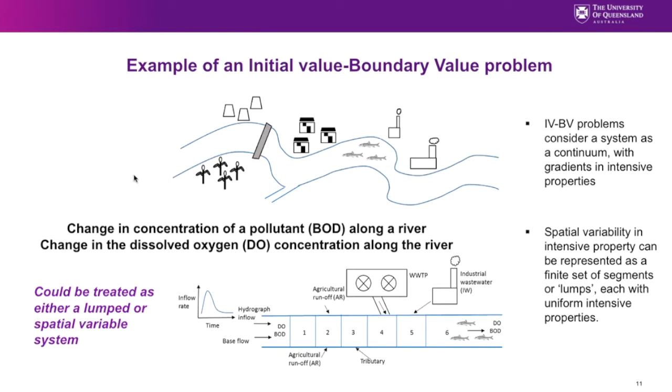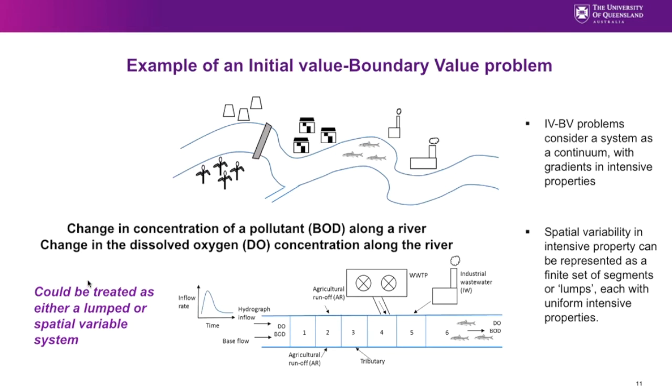So if we want to track these two parameters, BOD and DO, at one space, in one region of the river, and then how these change over the distance, they will have variations, right, clearly. And these variations are the spatial variability. And here we're talking about concentrations. So we will have the variations in one intensive property.